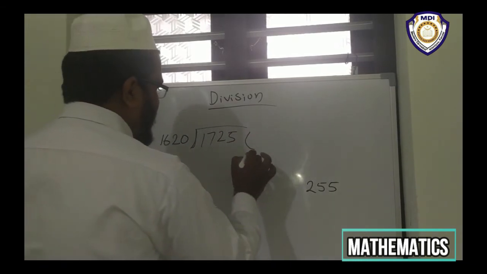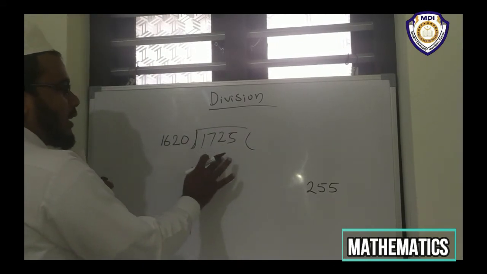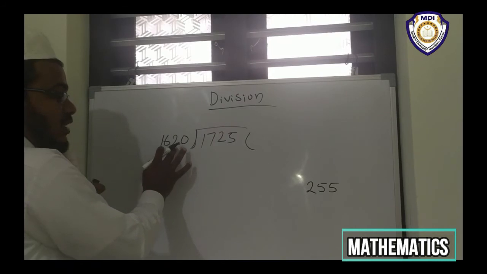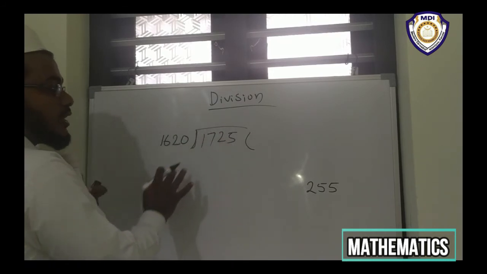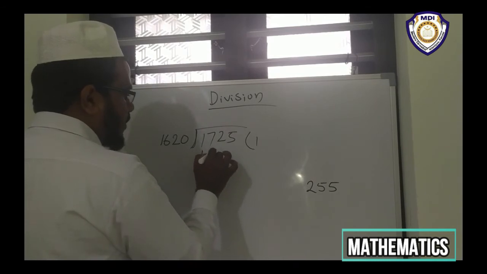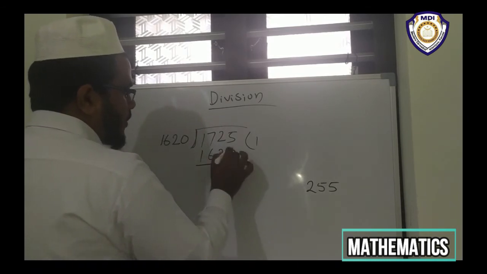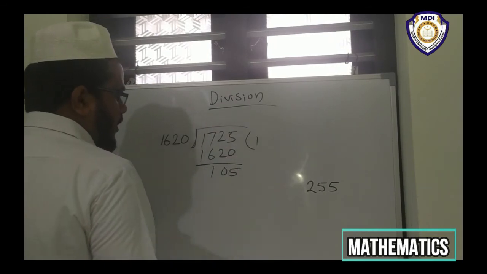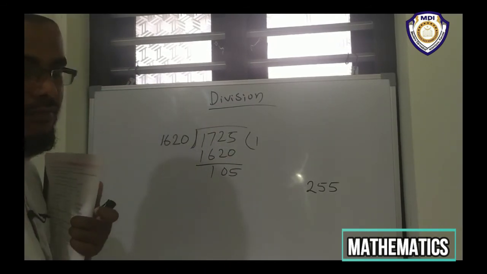Then what is the answer? Here there is only 1. How many 1620 in 1725? 1. Then we have to subtract. We get 105.